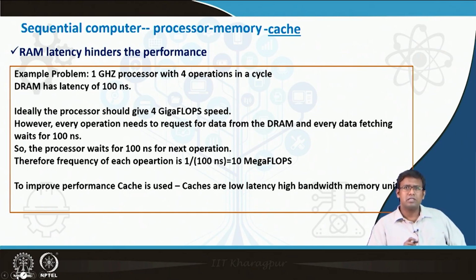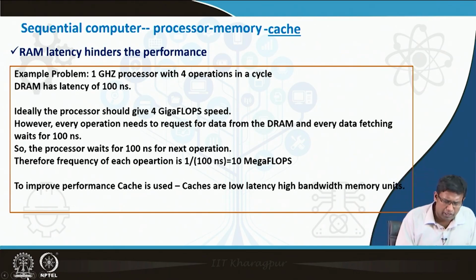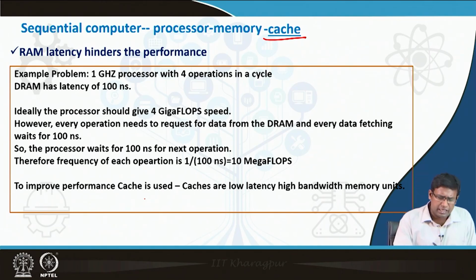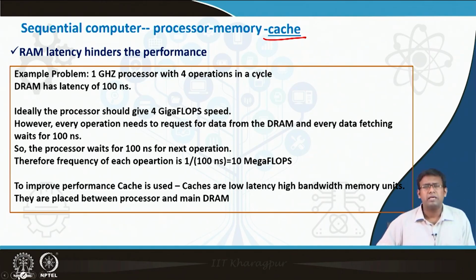How is this done? This is done by using something called cache. To improve the performance, cache is used. Caches are low latency, high bandwidth memory units. These caches are placed in between processors and RAMs.